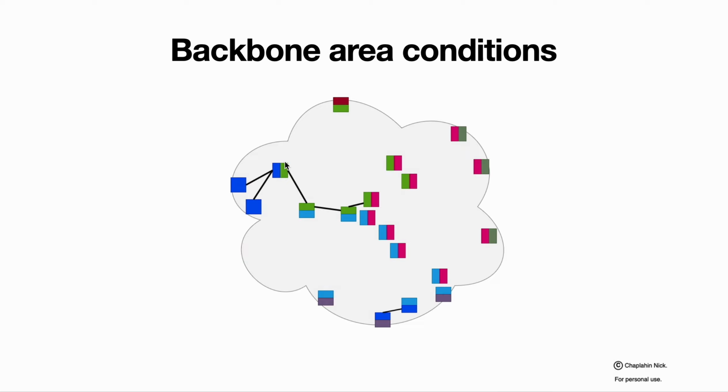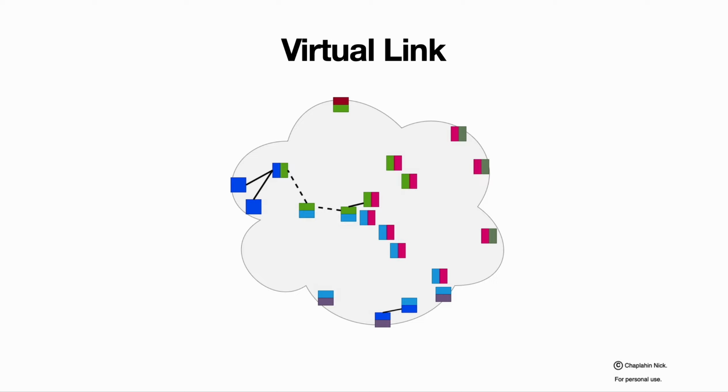It means that devices in the backbone area need to be connected, but it is not always possible to connect directly by a single link some devices that are boundary to specific networks, and here the virtual link appears. A virtual link is not a direct link, but a tunnel.